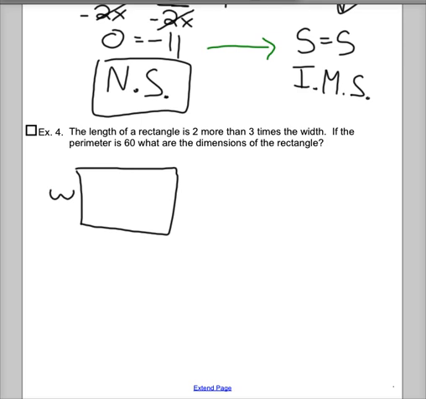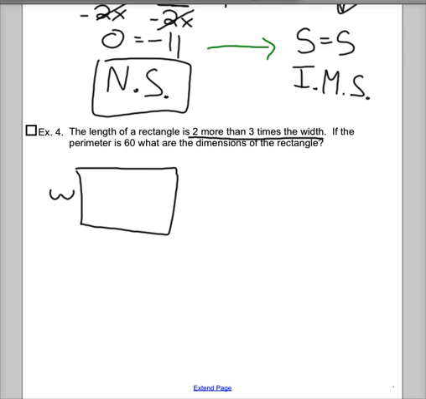Now we have to find an expression for the length. And what do we know? It's 2 more than 3 times that width. Well, now we need to pull in the skills we worked on in the previous notes, okay? We need to turn that into an expression. So, 2 more than 3 times the width.